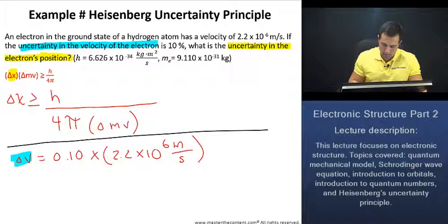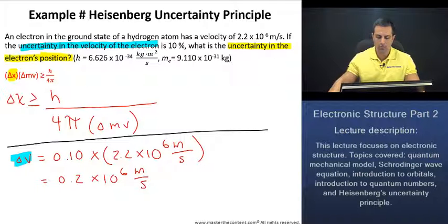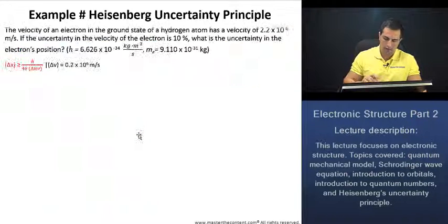Yes, that's correct. And that's just going to be 0.2 times 10 to the power of 6 meters per second. Great. Now that we have all the values that we need to find the uncertainty in the electron's position, let's go ahead and fill in our values on the subsequent slide here.